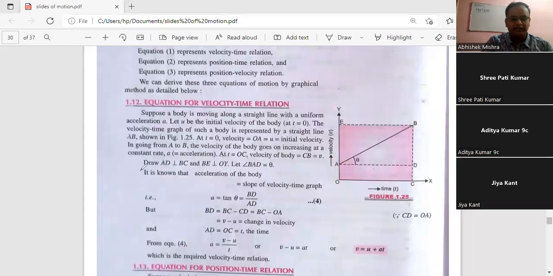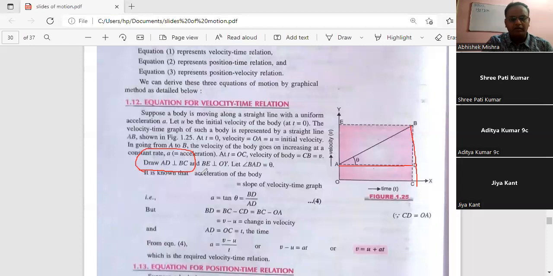Now see, draw AD perpendicular to BC. That means we will draw another line, represented by the dotted line. We will draw AD, which is perpendicular to the line BC.